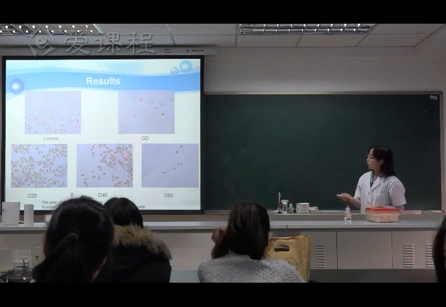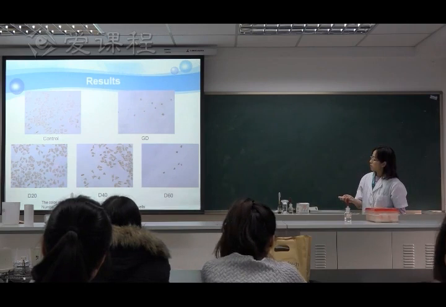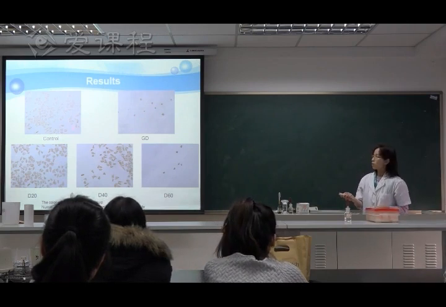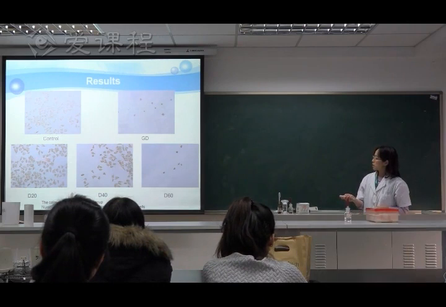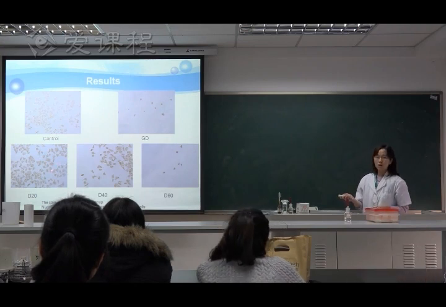In the same way, we compare the DDP treated group to the control group. We can observe that the color increased, or we can see stronger staining in the DDP treated group.